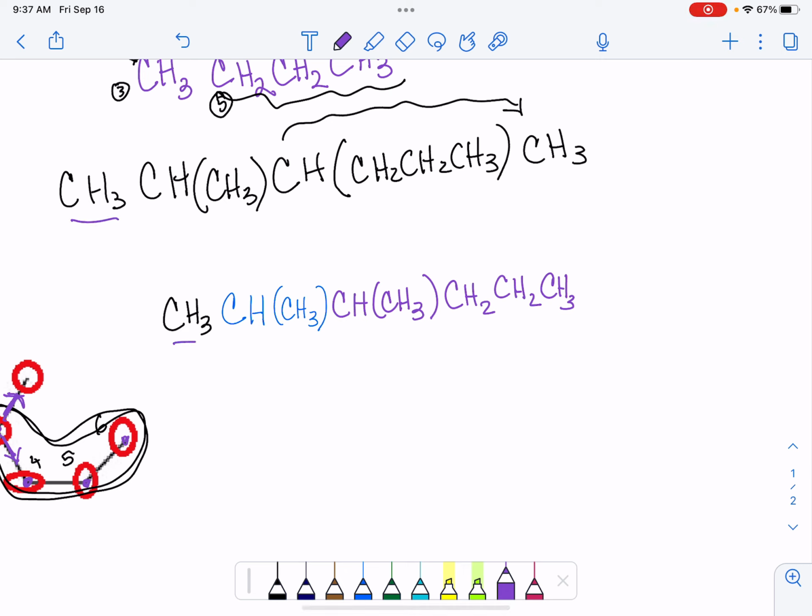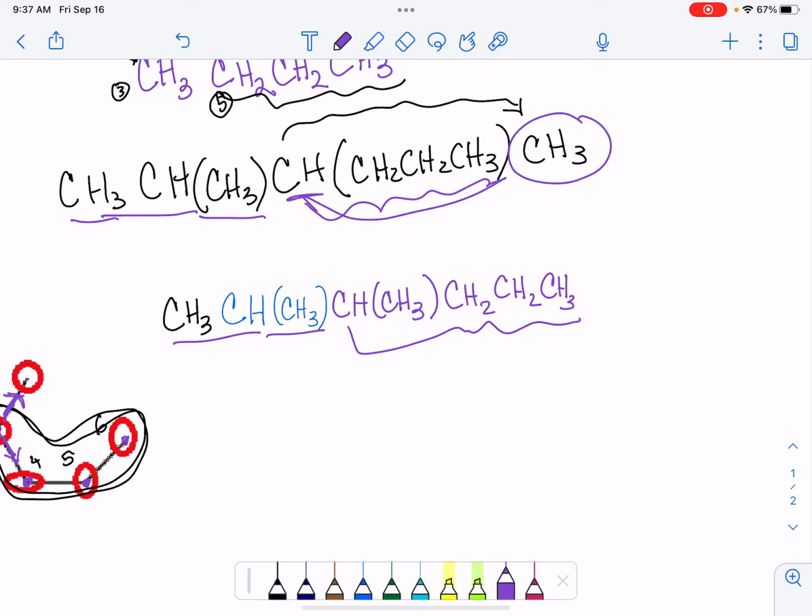I have my CH3CH to start off. I have my CH3 hanging off. And in this case, I'm going to continue the chain here and make this guy hanging off. So that's a simple, well, maybe not so simple, condensed structure with a couple of branches.